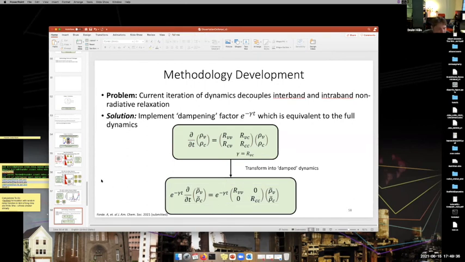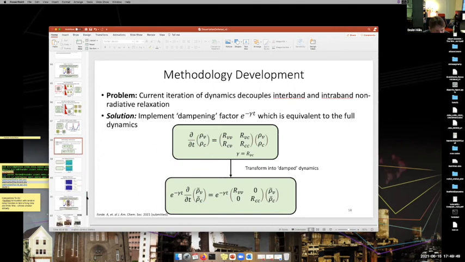Okay, yeah, thank you. Next question from Yulun. And it doesn't indicate the slide. How to evaluate these results? Do you have experimental data to compare with?